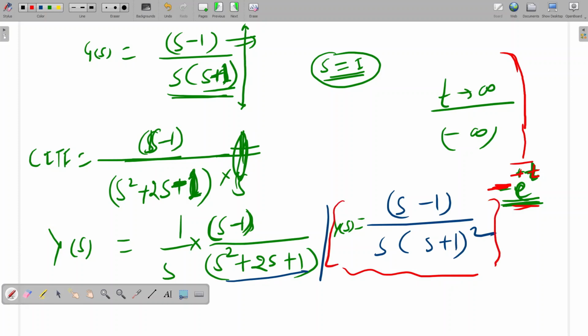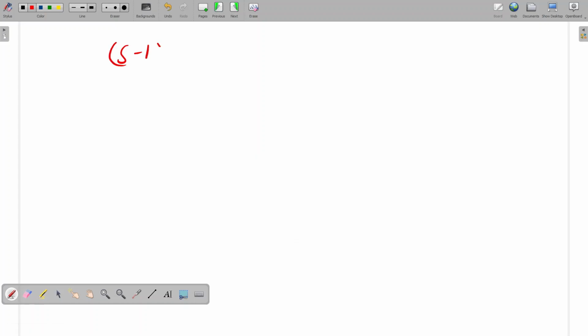So one concept we have learned here: if either a pole or a zero is in the RHS, then the initial and final value theorem will not be applicable. Is it clear? Should we do the factorization for this one? Yes, please do, sir. Okay, I will write on the next page: (s minus 1) divided by s into (s plus 1) whole square.